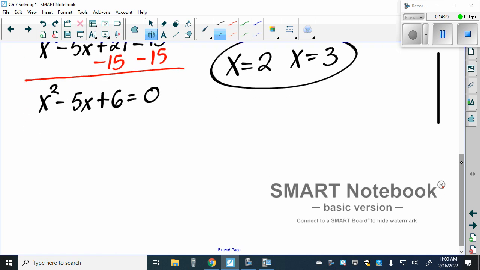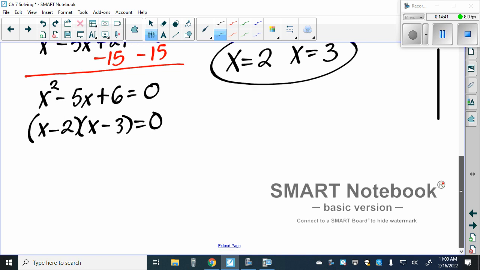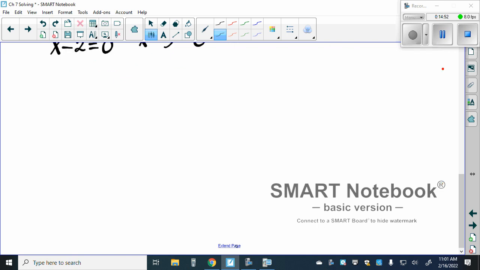And interestingly enough, if we had factored this, we would have gotten x minus 2 times x minus 3 is equal to 0. And whenever we multiply two things together and it equals 0, one of them must be 0. So we can say x minus 2 is equal to 0, and x minus 3 is 0.